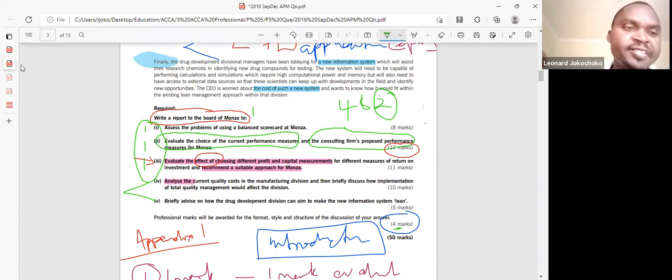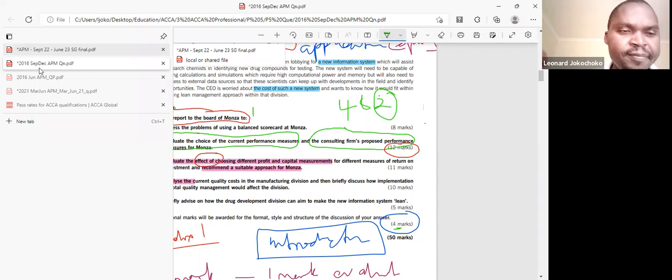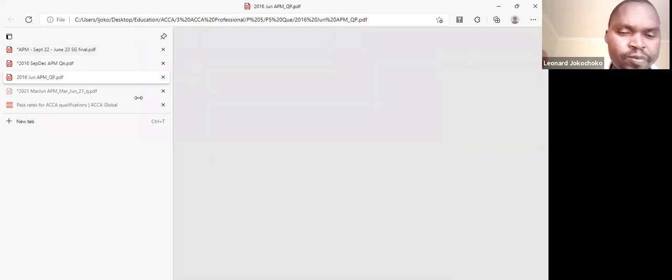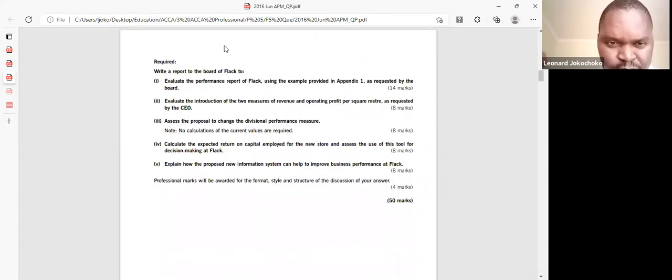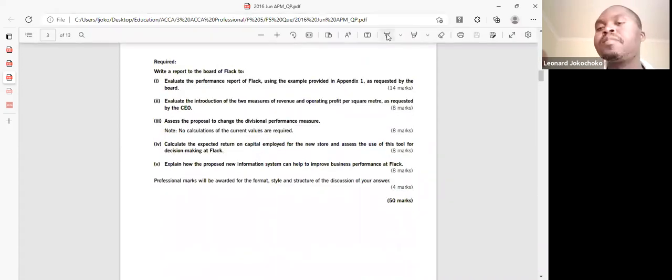Okay, just to illustrate something else before I leave. When you open the different examination question papers, this is a December 2016 paper I'm opening now. The first paper we saw was the June 2016, and this is the December 2016 paper.